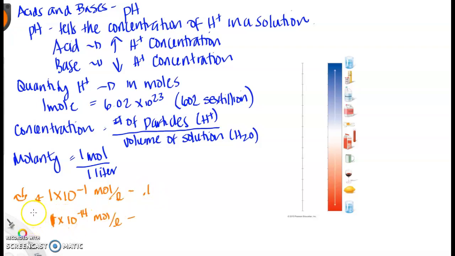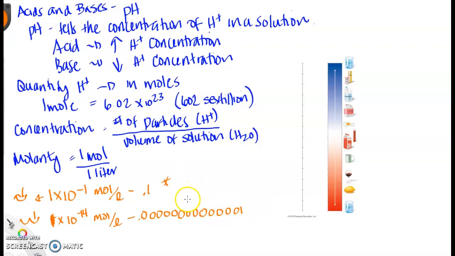And here we have a 1 and a negative 14, so we're going to move the decimal 14 times in this direction. So that's going to be 1, 2, 3, 4, 5, 6, 7, 8, 9, 10, 11, 12, 13, 14. So clearly, this number is bigger than this one.